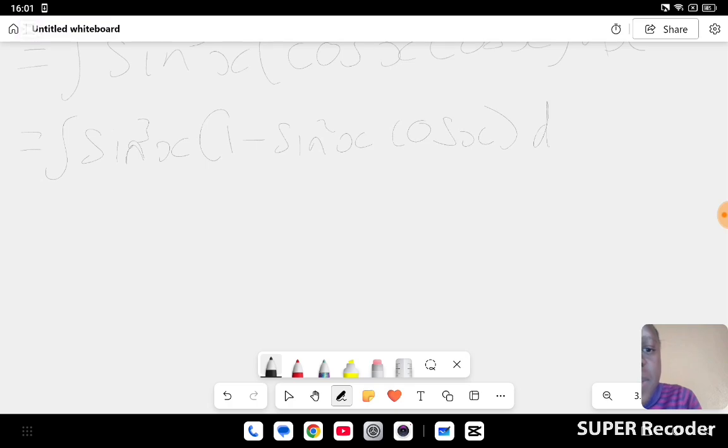And remember that cos squared x plus sine squared x is equal to 1. So in this manner we are just simplifying it for us to be able to integrate.